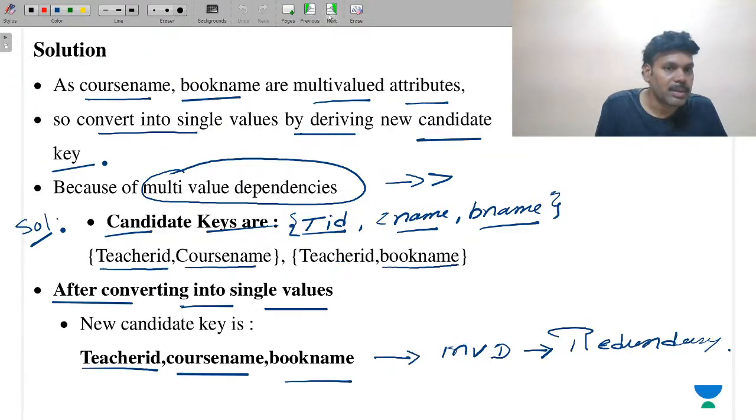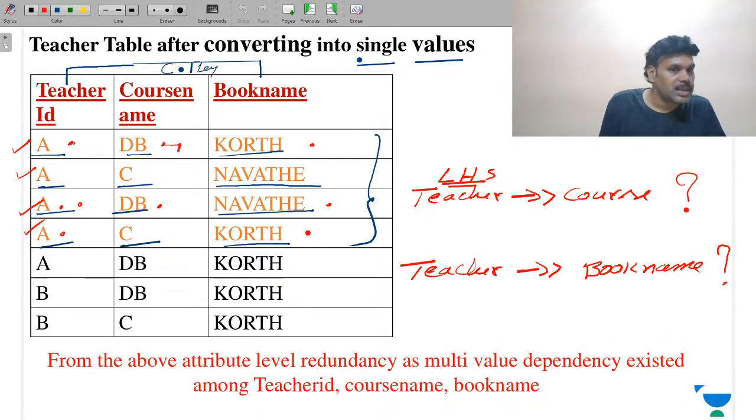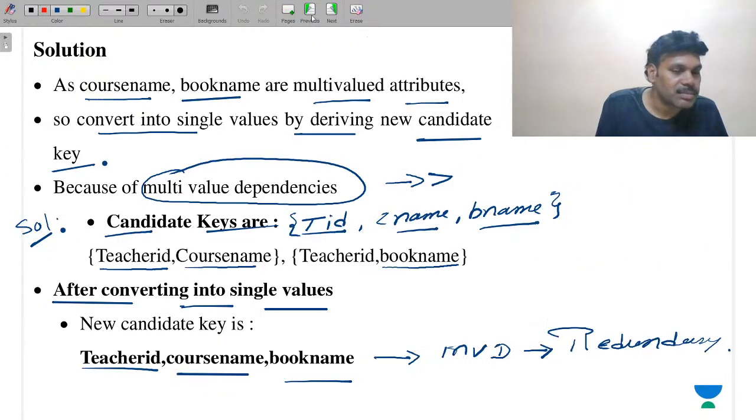Let us cross check. So second column DB is matched. T3 dot course name is equal to T1 dot course name, and T2 dot course name is equal to T4 dot course name. It is matched.